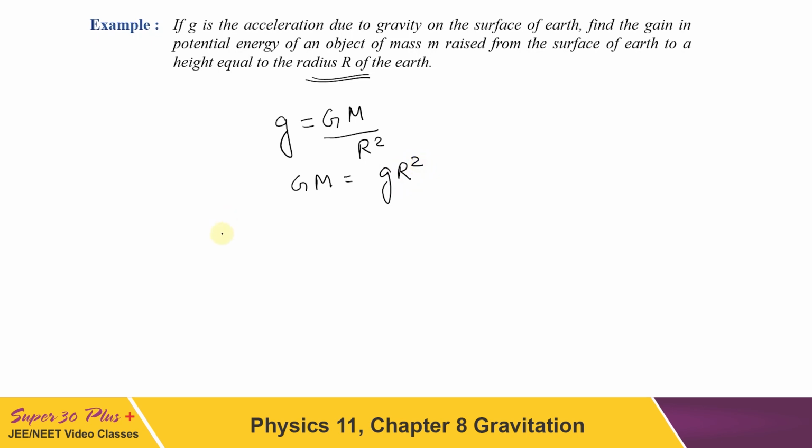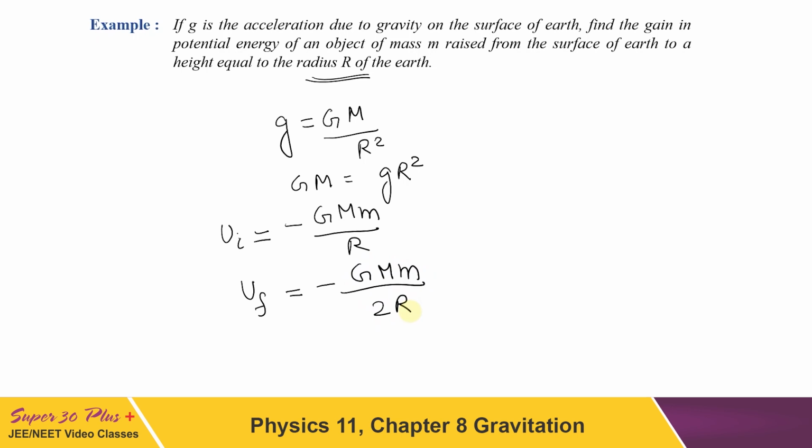From here we can write the initial potential energy, which is at the surface of Earth, to be equal to minus GMm upon R. Now when it has reached a height equal to the radius of Earth, then the final potential energy can be written as, this time the distance from the center of Earth has become 2R, so it will be minus GMm/2R.